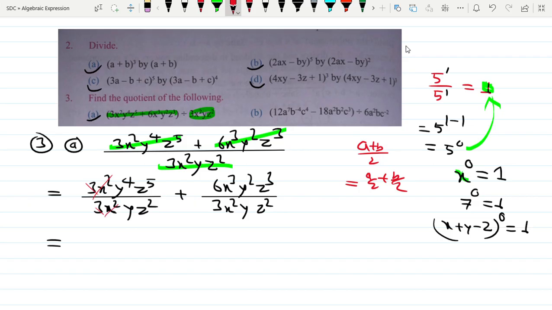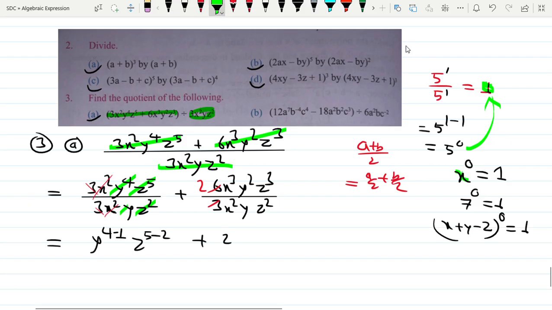For y power 4 and y power 1, as they are getting divided, the powers get subtracted. We do the same for z power 5 by z square. Now the same for the second one. By 3, the 6 can be cancelled, giving 2.